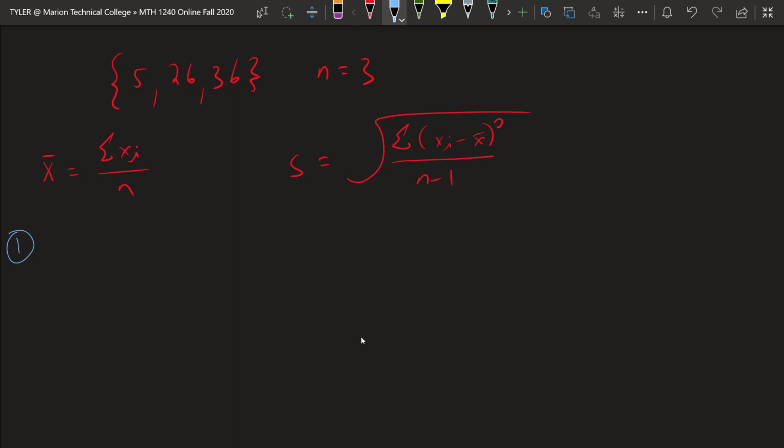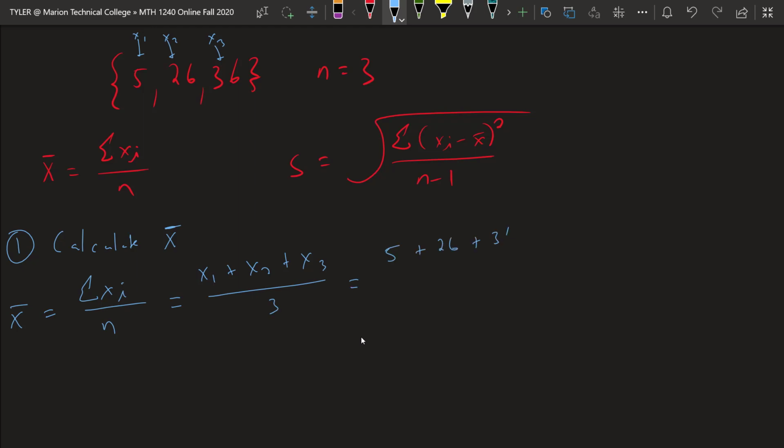Right, so the very first thing you're going to do is to calculate the sample mean, x bar. So x bar is equal to sigma x sub i divided by little n, which, if I let this be x sub 1, x sub 2, x sub 3, would be x sub 1 plus x sub 2 plus x sub 3 divided by 3, which would be equal to 5 plus 26 plus 36 divided by 3.